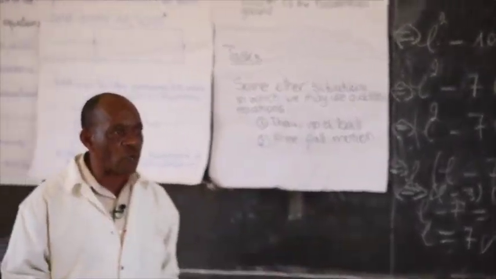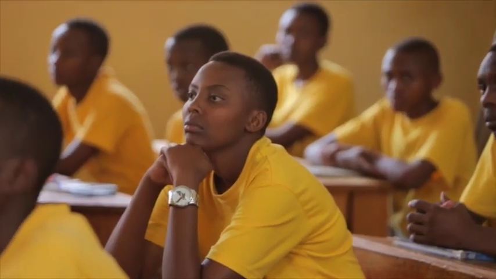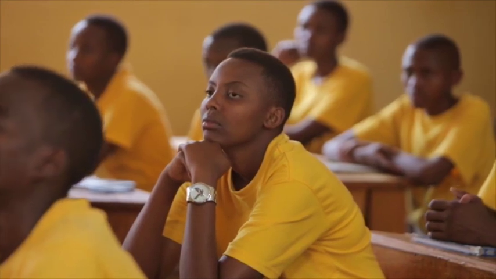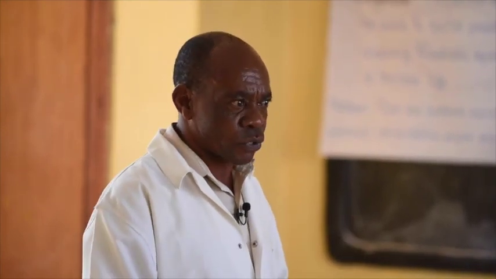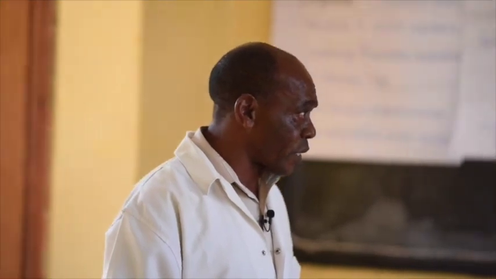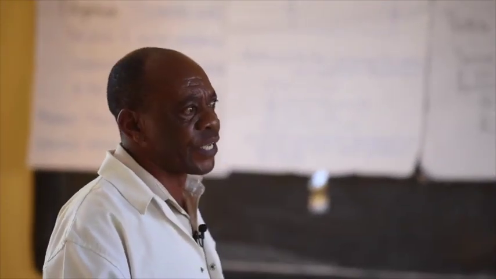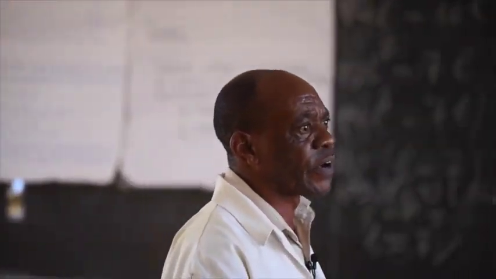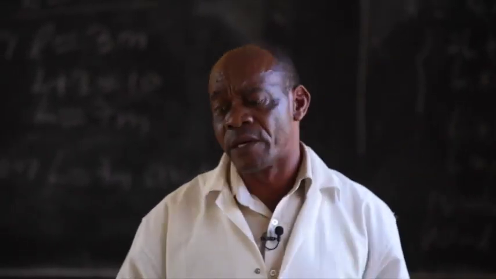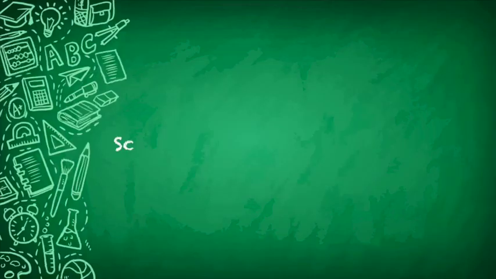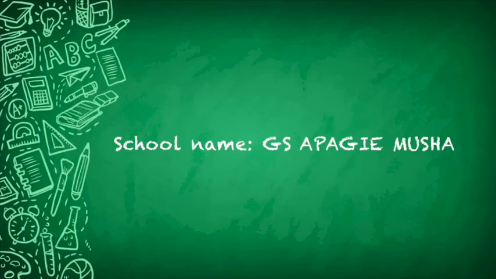You can also look for some situations in your physics course, in your chemistry course, in other subjects you are studying. So you can get other quadratic equations. Now you can take note of this, and we are at the end of our lesson. Thank you very much for your participation.